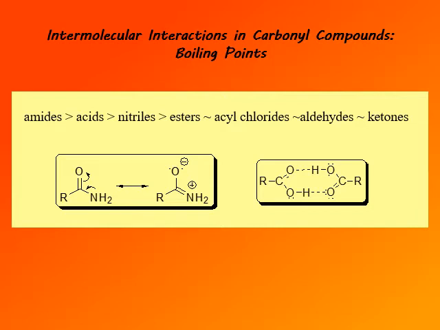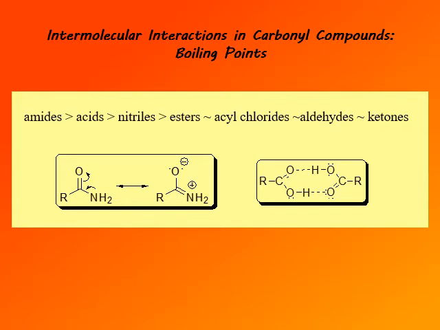And that's because carboxylic acids also exhibit very strong hydrogen bonding. Somewhat weaker are nitriles, so their boiling points tend to be a little bit lower, but nitriles have a carbon-nitrogen triple bond, and as a result those pi electrons are highly polarized. So nitriles exhibit very strong dipole-dipole interactions.